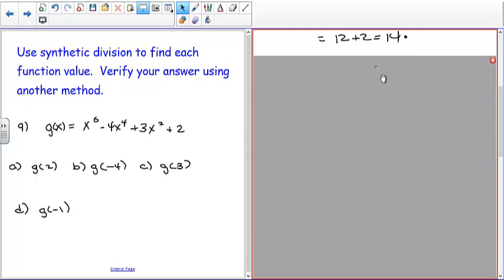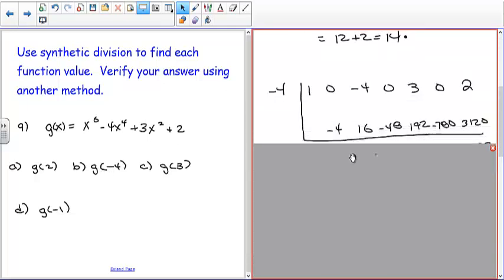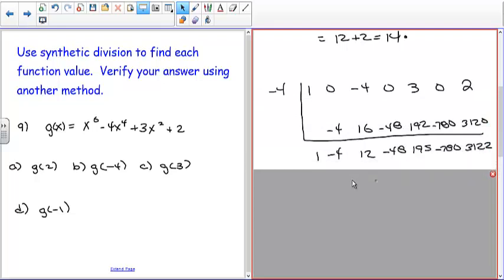Okay, next one, g of negative 4. Everything is the same, except we put a negative 4 here. The top row is exactly the same. You can bring the 1 down. Negative 4 times 1 is negative 4. 0 plus negative 4 is negative 4. Negative 4 times negative 4 is 16.